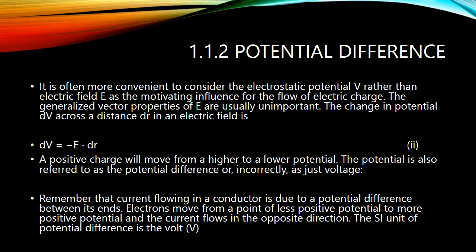Remember that current flowing in a conductor is due to potential differences between its ends. So electrons move from a point of less positive potential to more positive potential, that is voltage, and the current flows in the opposite direction. The SI unit for potential difference is V, which is just the voltage.